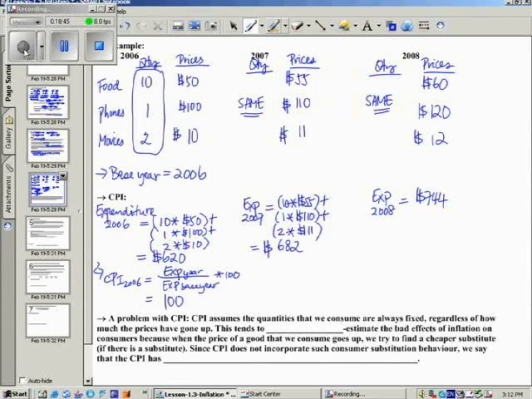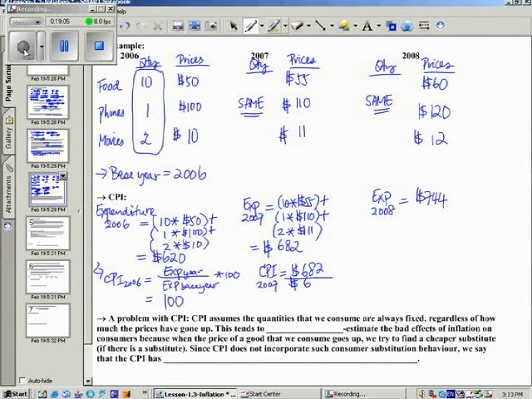Very similar to the GDP deflator. For CPI 2007, I'll just look at my expenditure in the year in question. That would be 682 divided by my expenditure from the base year.